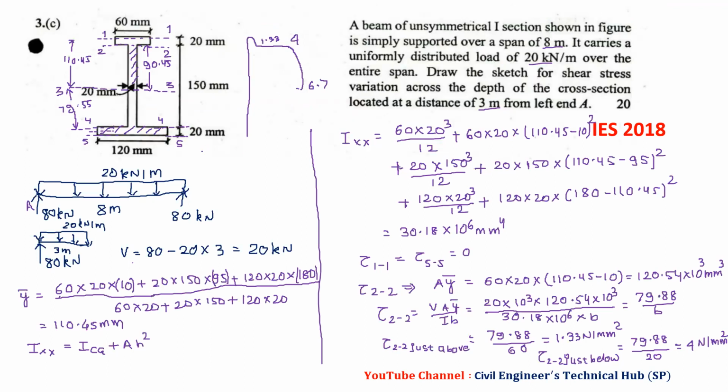So we will have somewhere here 5.53. It goes to 0.92 over here, horizontal line. 0.92. Suddenly width changes, so my shear stress changes, and 0 over here. So all values are in Newton per mm square. So this is shear stress distribution diagram. Was asked IS 2018. Shear stress distribution diagram.